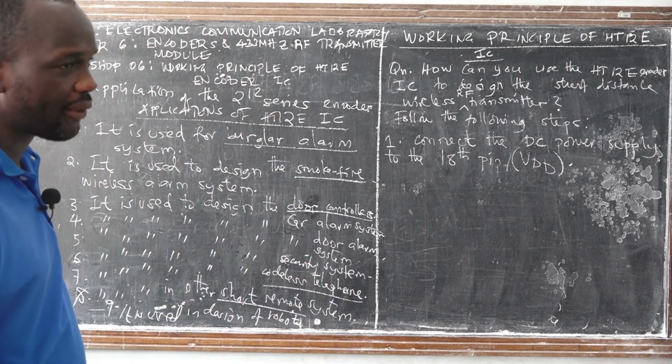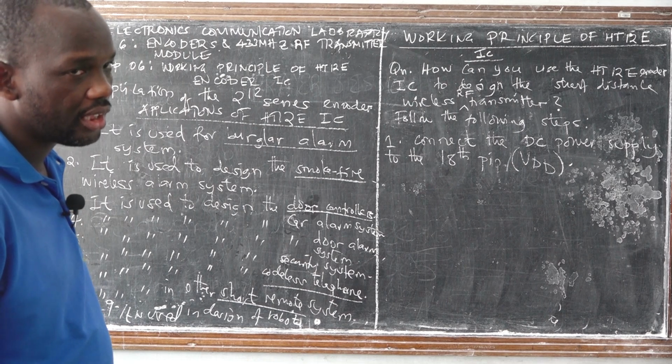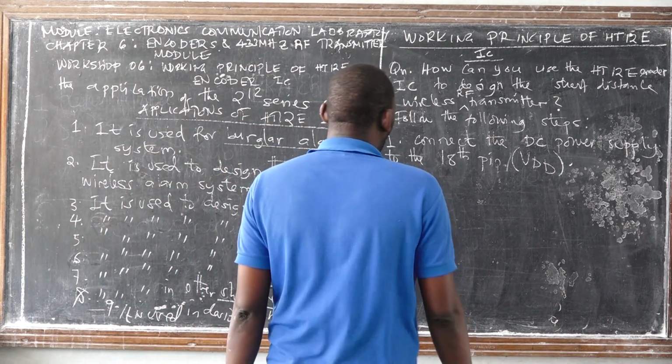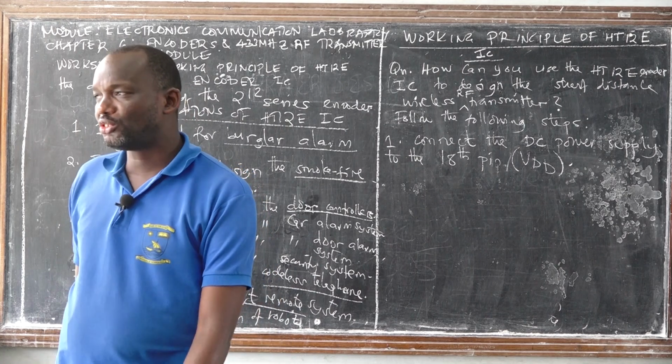Have you finished this part? I want to clean it. Have you finished or not yet? Not yet. So the first step is to connect the DC power supply to the 18th pin, which is called the VDD.